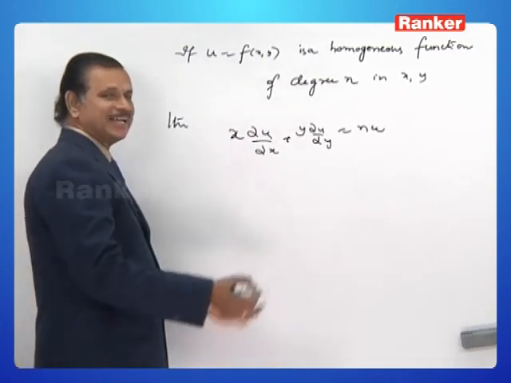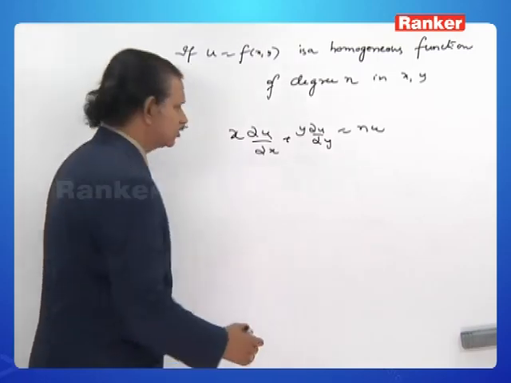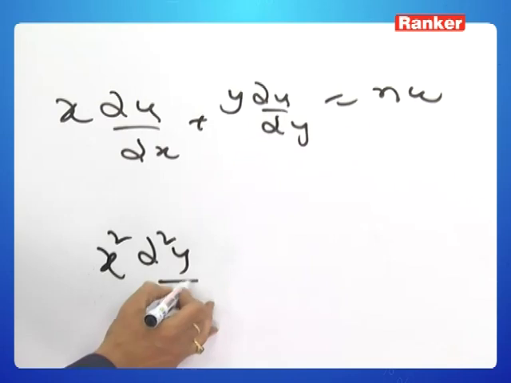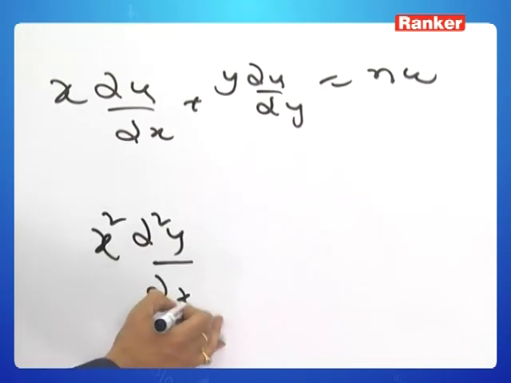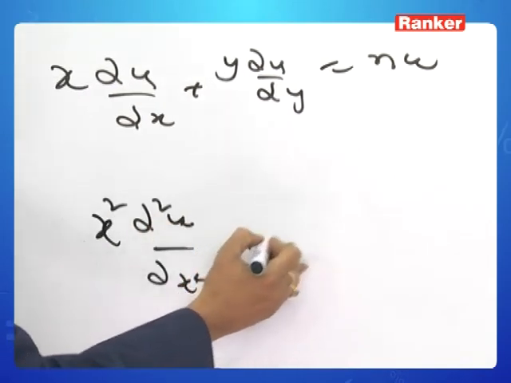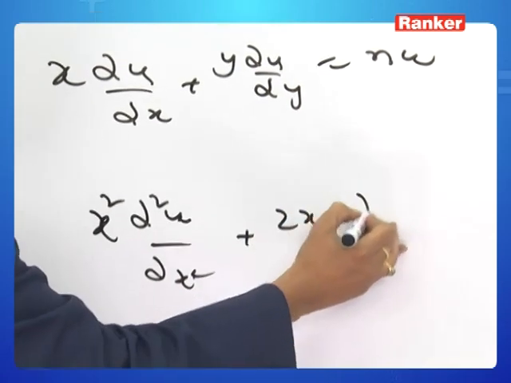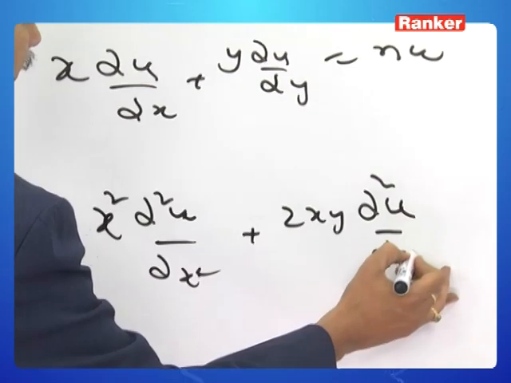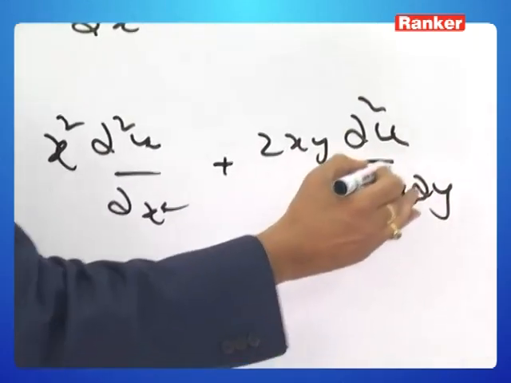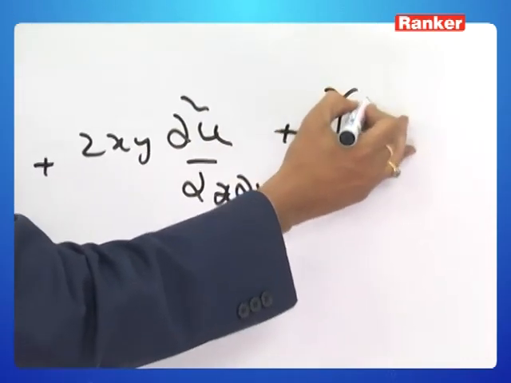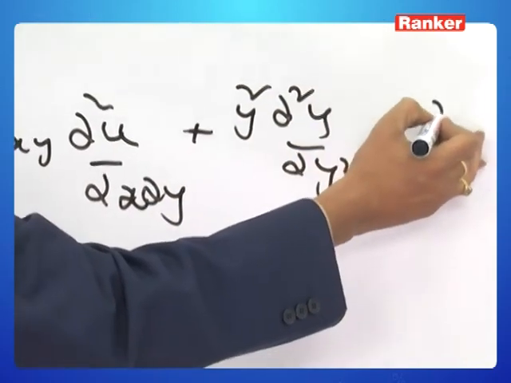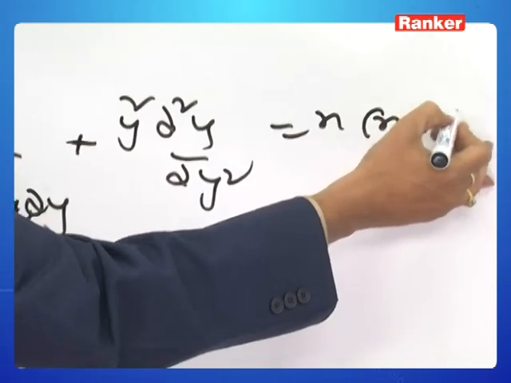And if you extend to the second derivatives also, then it can be given as x square dou square u by dou x square plus 2xy dou square u by dou x dou y plus y square dou square u by dou y square is equal to n into n minus 1 into u.